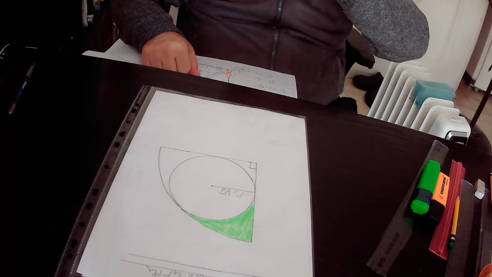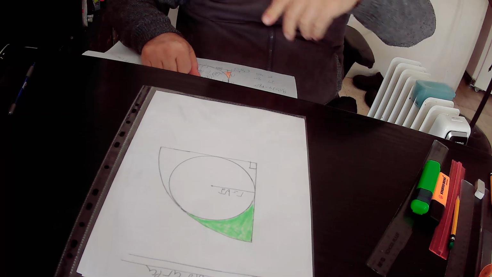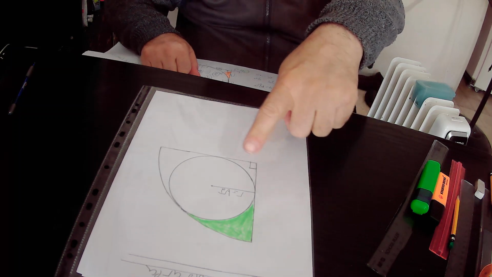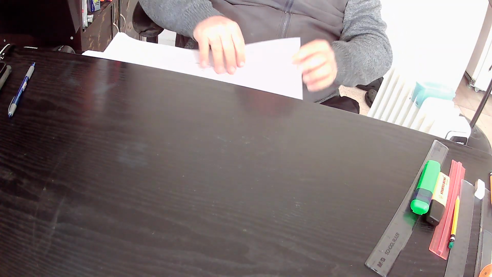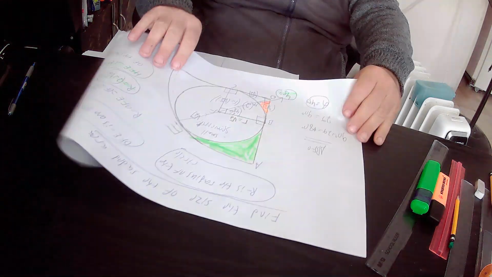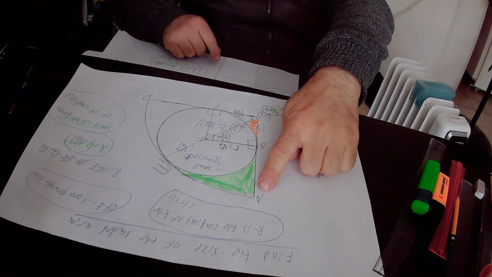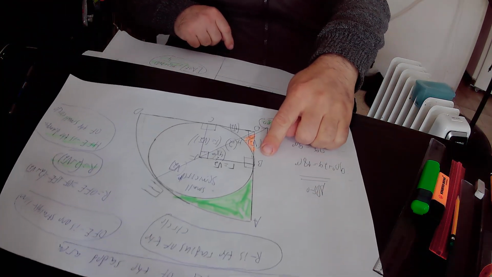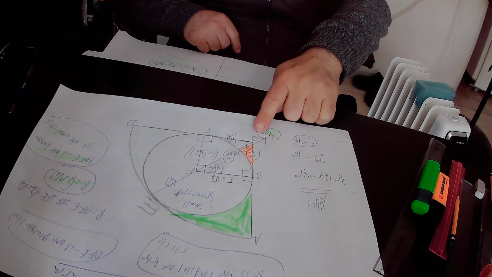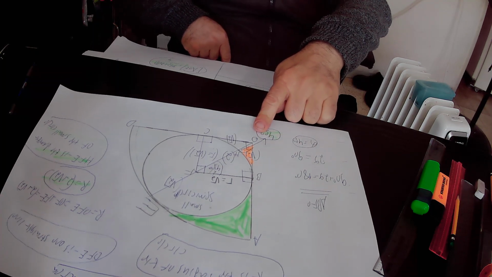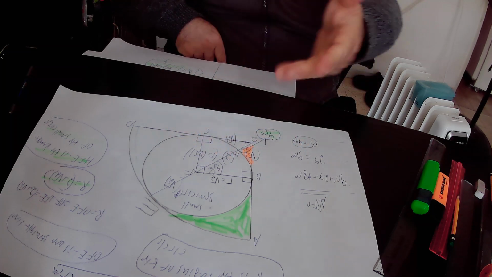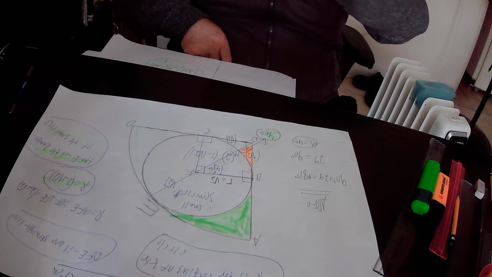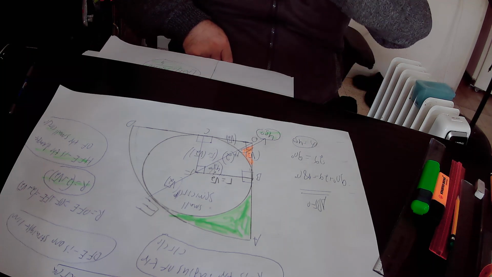So first of all, we defined the relevant points to this question with letters. We define this point as A, we define this point as B. This point is the center of the big quarter circle and also the center of the big circle.